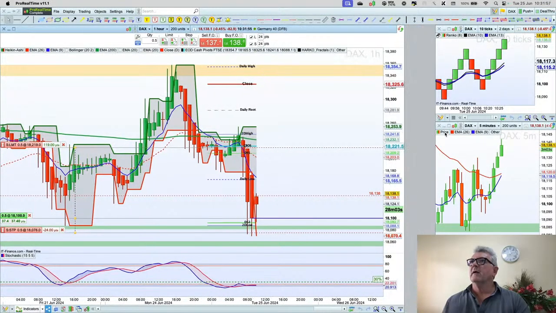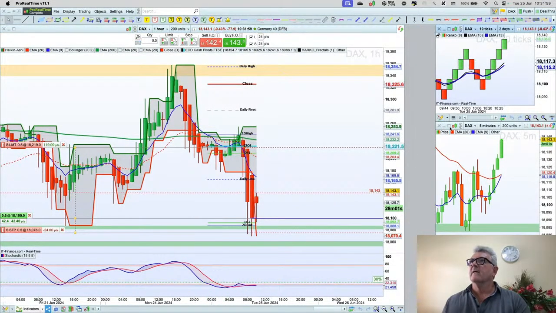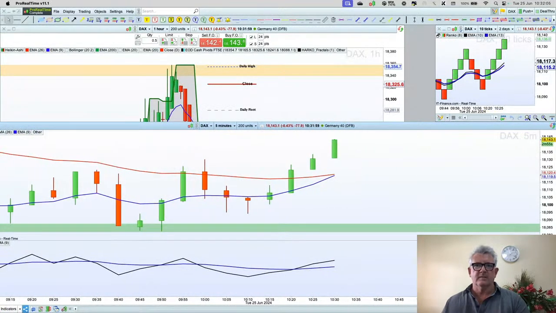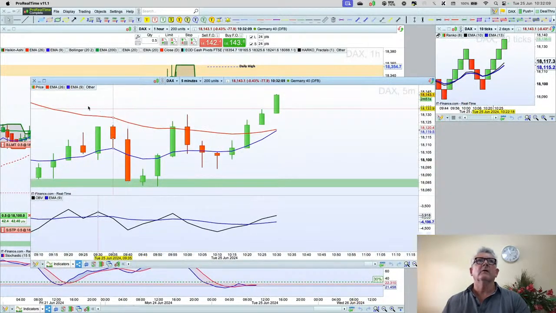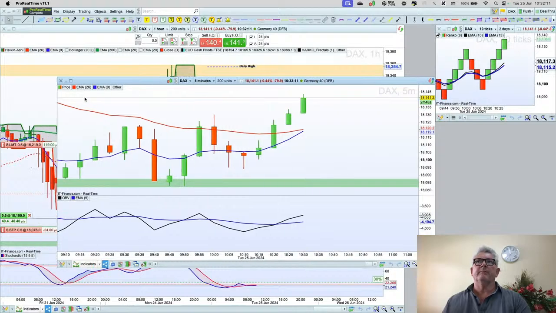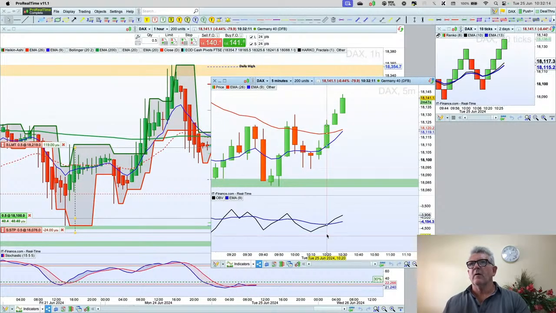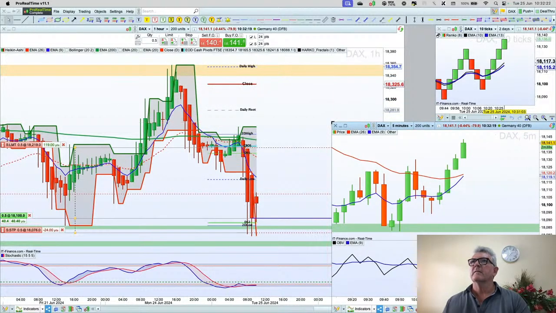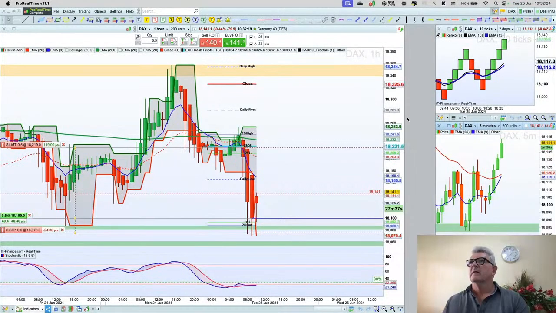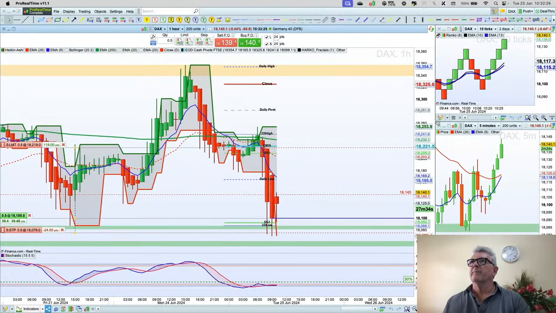Why aren't I able to pull this out? Come on. It seems that every time we go live, well, I'll pull that across so you can see. There we go. It's woken up. So there we go. You can see the unbalanced volume has now pulled to the top side as well. All that effort just to put this back in its place. Right. Don't know why that wouldn't move, but there we go.